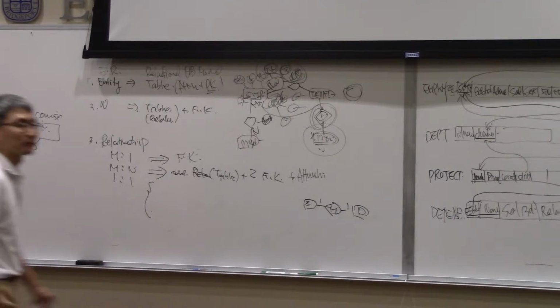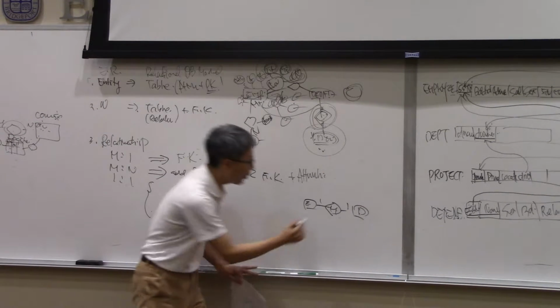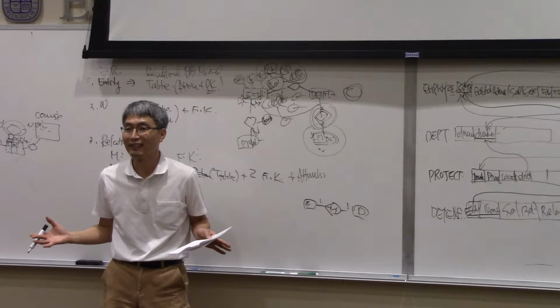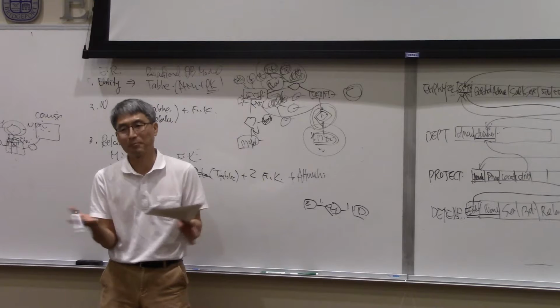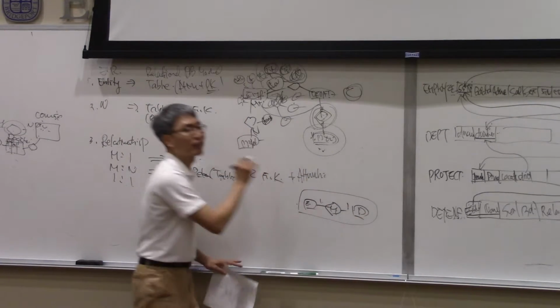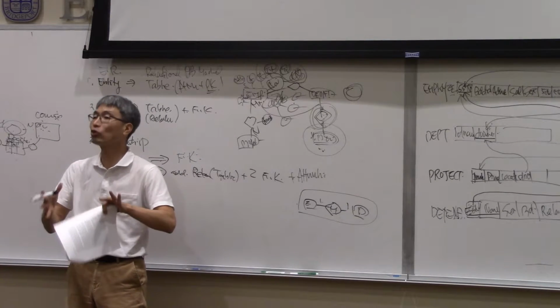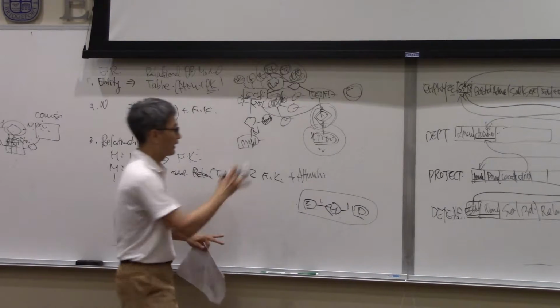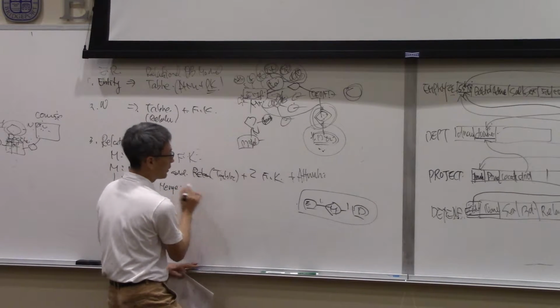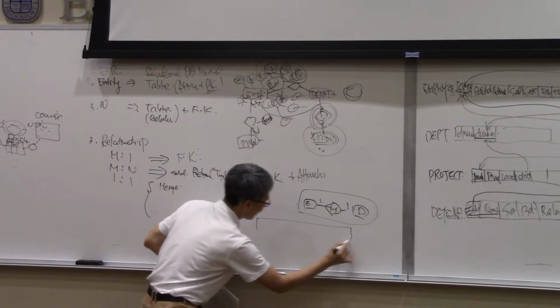At this time, the first option, because this is one-to-one, one-to-one means they are in the same meaning. So we can merge two entities into one because it's one-to-one. Okay, for example, in this case, the first option is merge. Merge means the employee and department table.